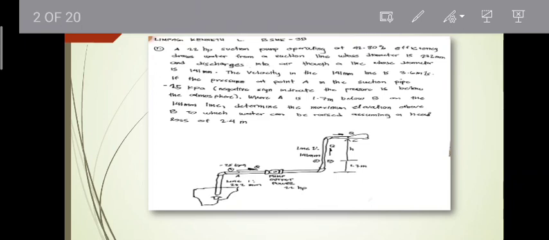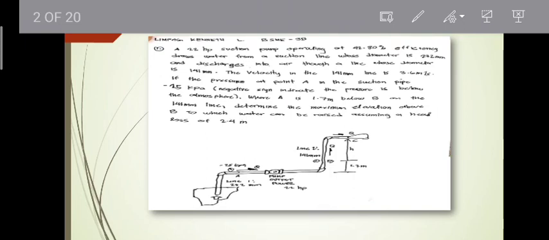Number 1. A 22 HP suction pump operating at 42.80% efficiency draws water from a suction line whose diameter is 232 mm and discharges into air to a line whose diameter is 141 millimeter. The velocity in the 141 millimeter line is 3.6 meter per second.